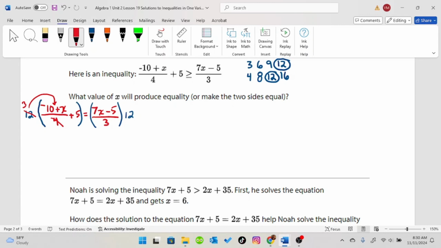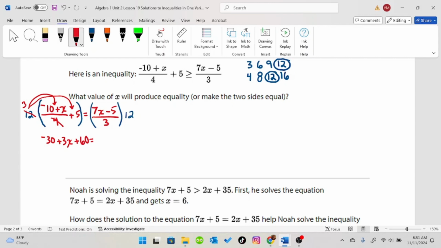Now we have 3 times negative 10, which is negative 30, and 3 times x, which is 3x. Then we had 12 times 5, which was 60.